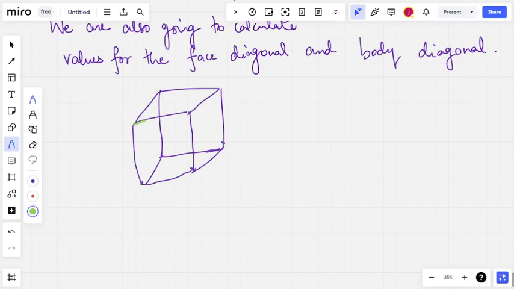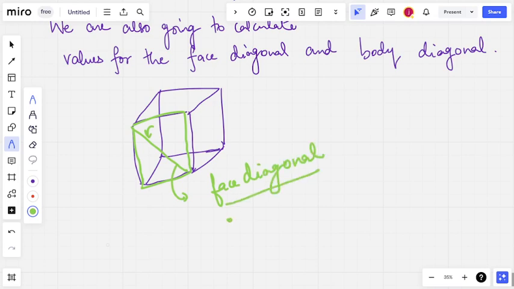So if I am talking about this particular face, and I want to calculate this value, this is the face diagonal and this is the front face of the cube.